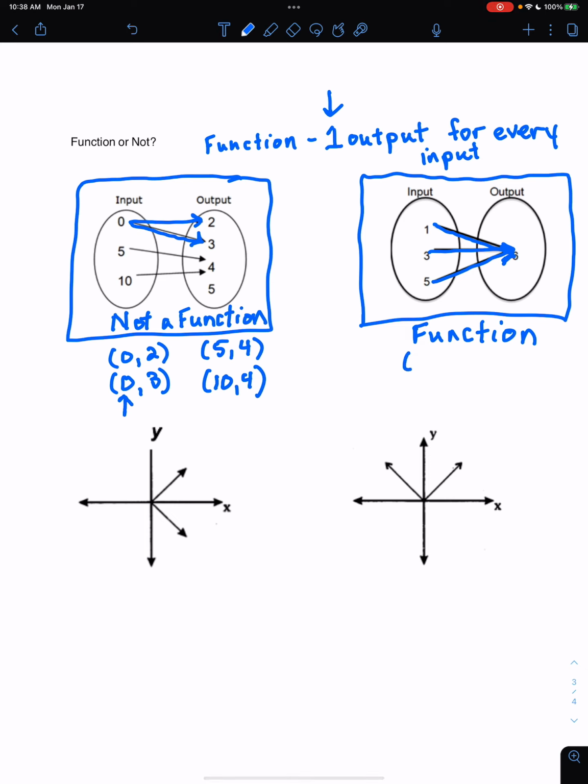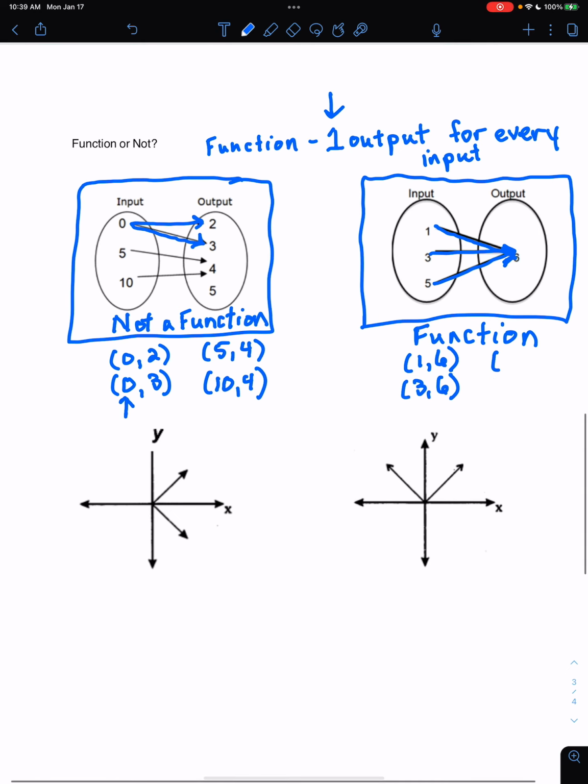On the right side, we have 1, 6, 3, 6, and 5, 6. So it doesn't matter that the Y's are repeated. We just can't have the X's repeated in order to have a function.